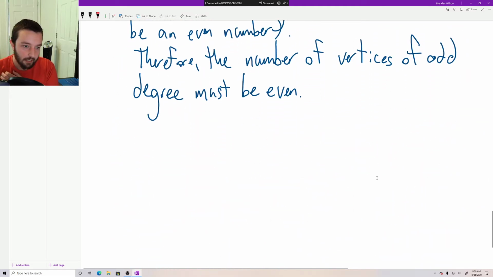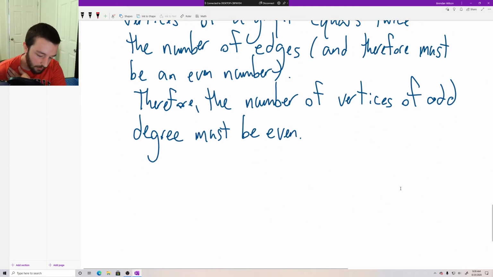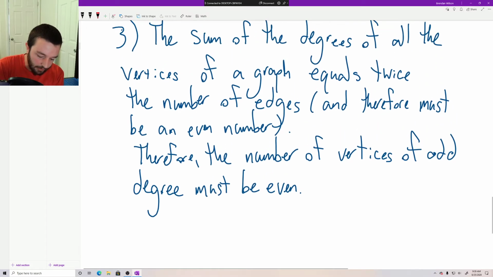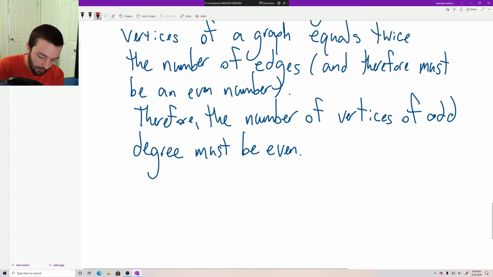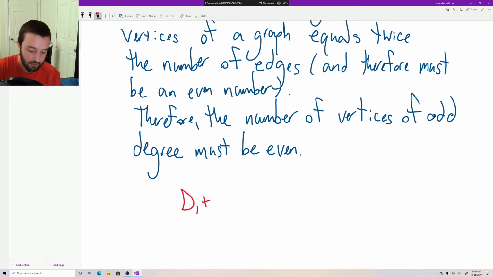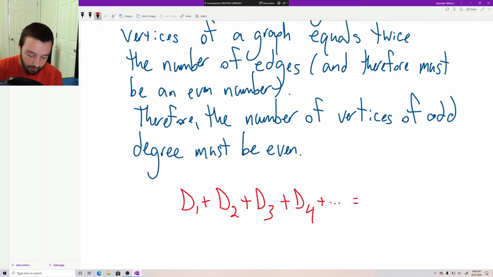What this is essentially saying is that if we add up all of the degrees, like let's say we have D1 for the degrees of the first vertex, plus D2, plus D3, plus D4, however many of them, then we should get an even number, which is like 2 times a number by definition of what an even number is. Okay. Well, why is this true?